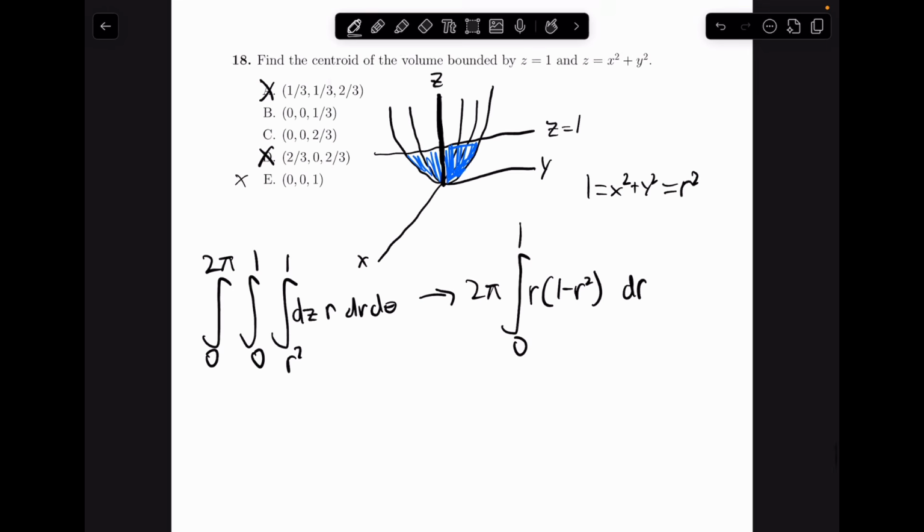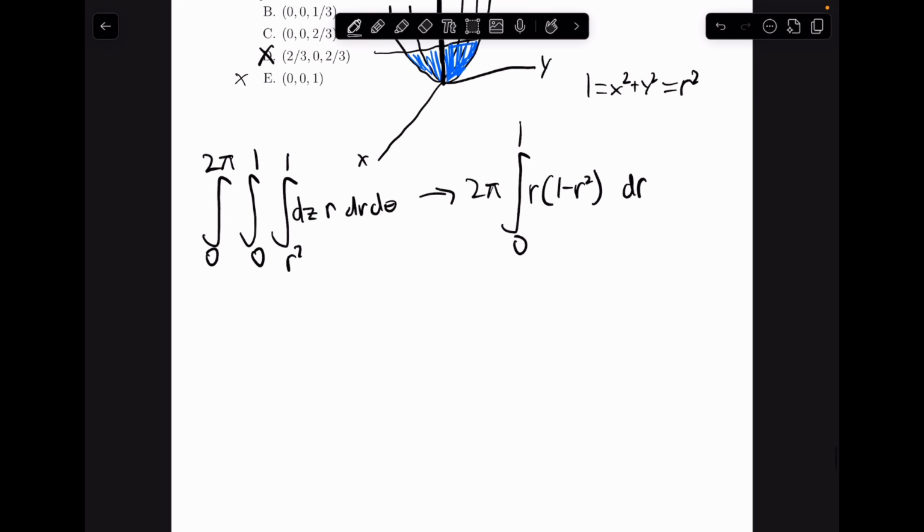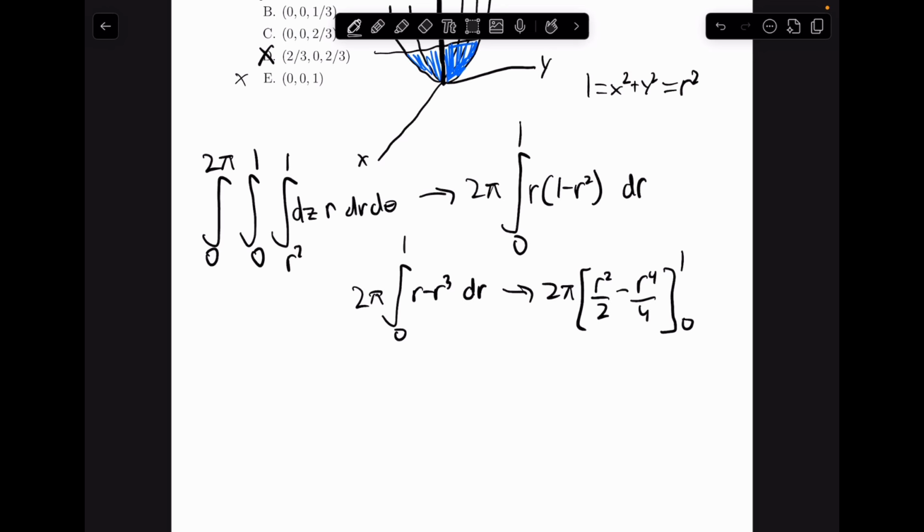And this is maybe a little bit tedious, but it's going to be 2 pi times the integral from 0 to 1 of r minus r cubed dr. So that's going to be r squared over 2 minus r to the fourth over 4, from 0 to 1.